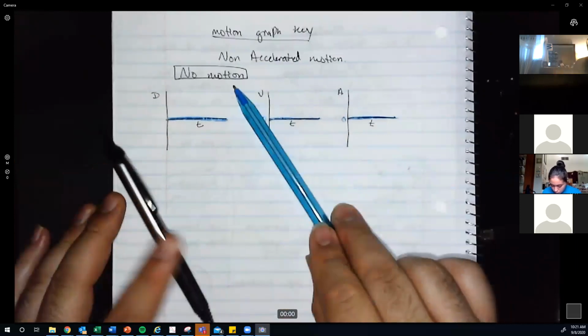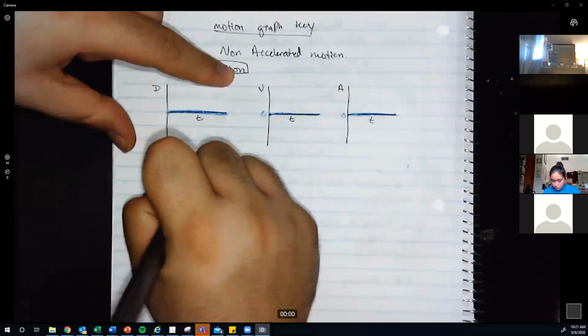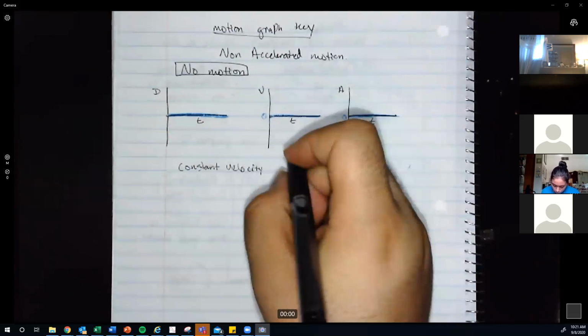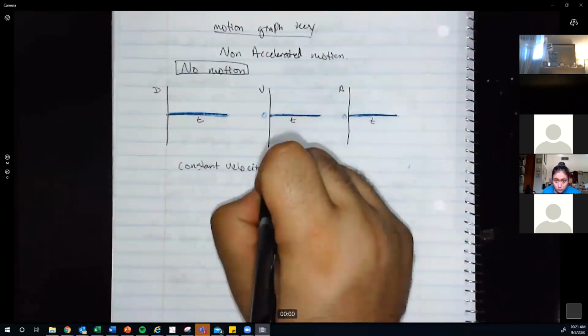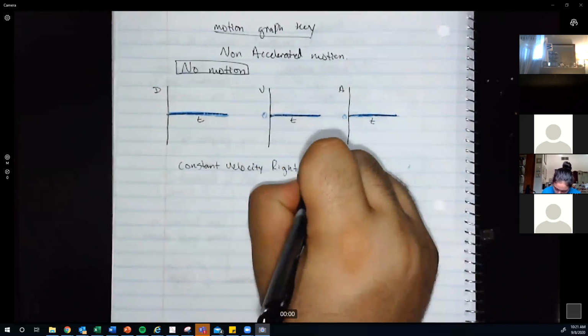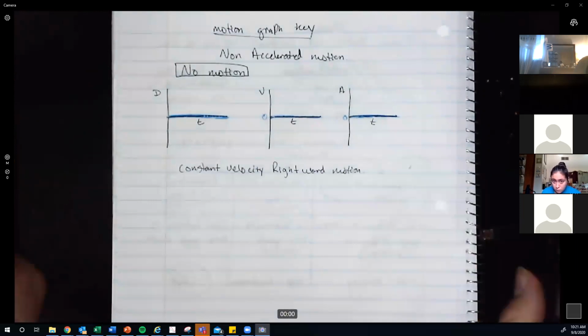Well, what if there is motion? What if there's constant velocity with rightward motion?